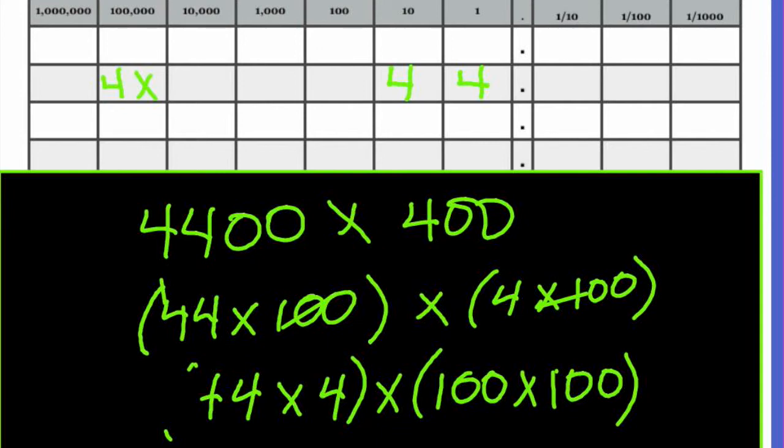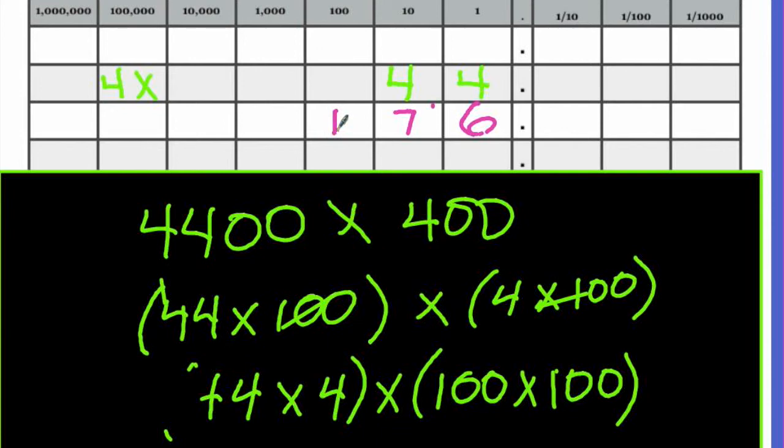So we take 4 times 4, everybody, what is it? What do I do with the 1? Carry it over there. 4 times 4 again, plus what? 17, carry the 1 over here. There's nothing to add it to, so we'll put it over here.